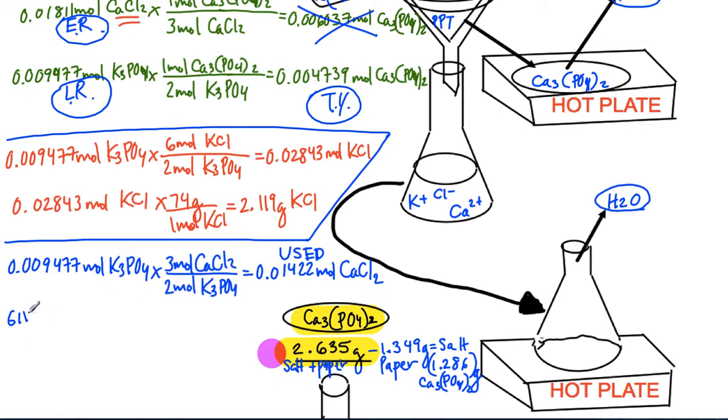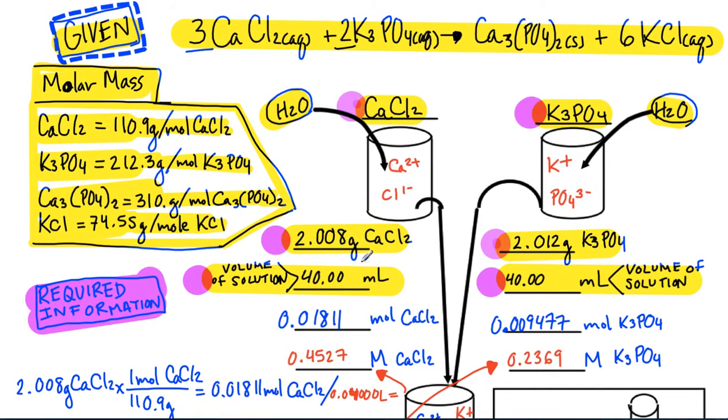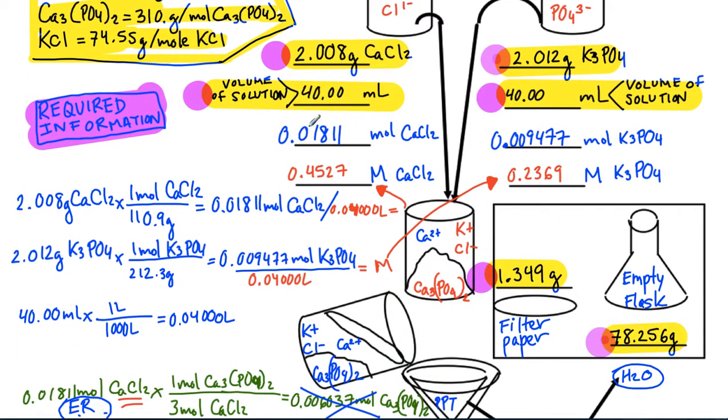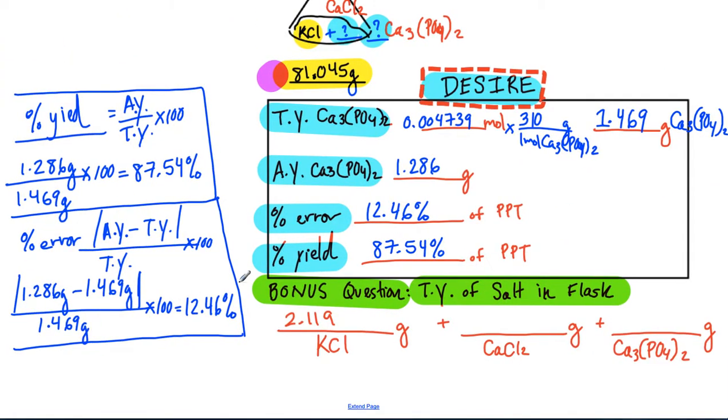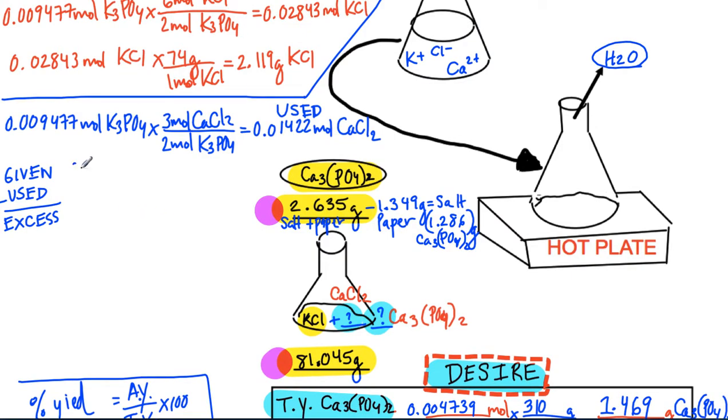I'm going to write out the words given minus used will give us our excess. So we were given, of my calcium chloride right here, 0.01811.